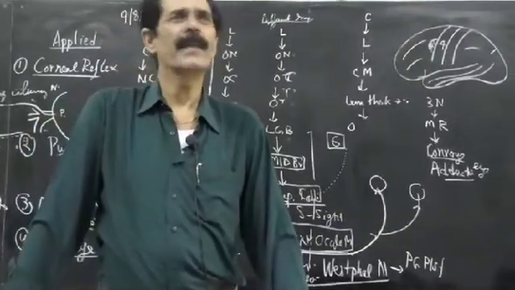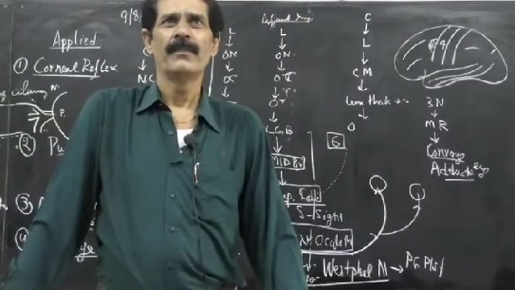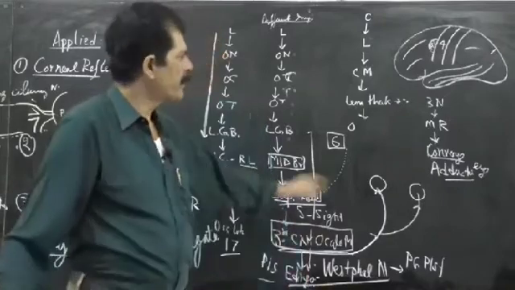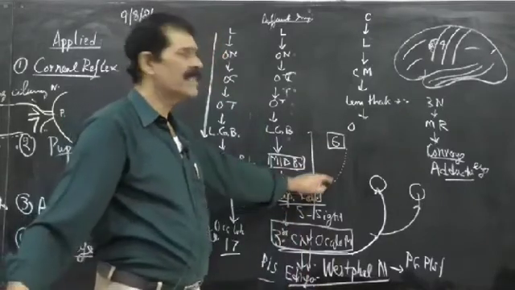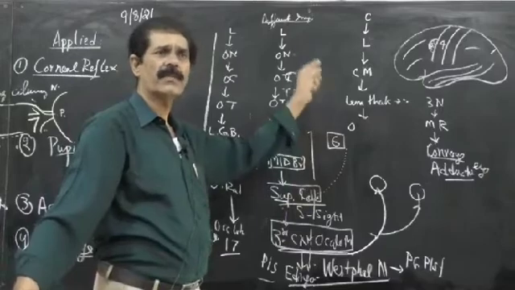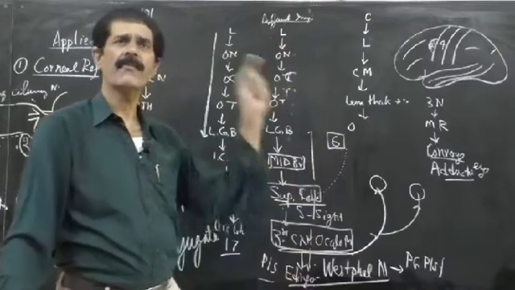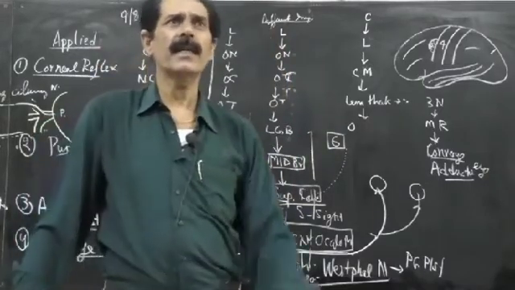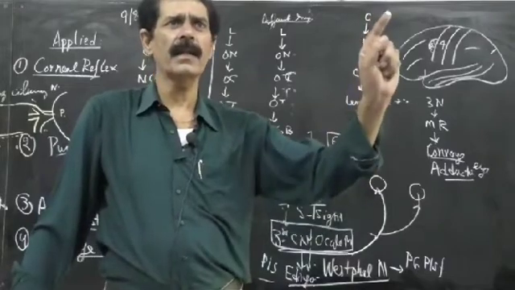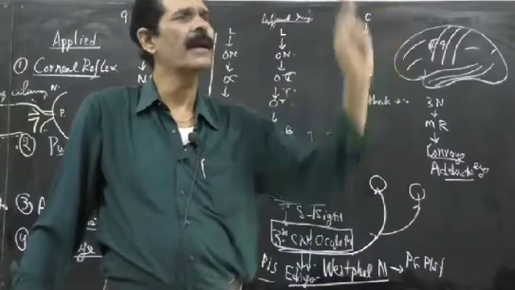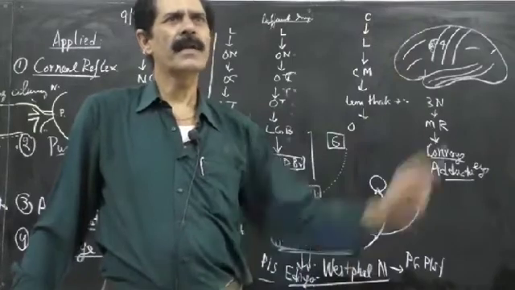So here we will explain now with the orbit. At the same time, the impulse reaches area number 6 of the precentral gyrus. It ascends upward from the midbrain to the crus cerebri, and from the crus cerebri to the internal capsule to the corona radiata, and the corona radiata will reach there.